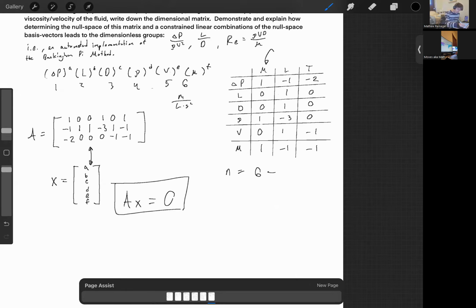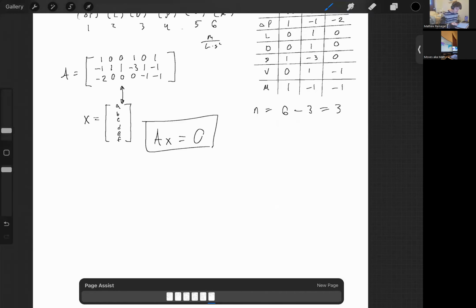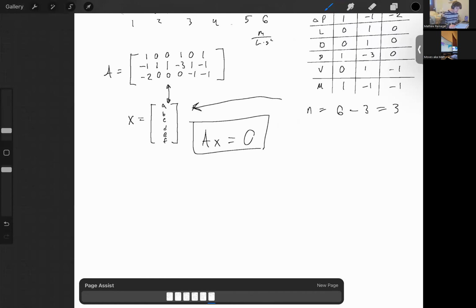So we have mass, length, and time. So this is 1, 2, and 3. So this is going to be -3. So we only need 3 known units in this case. So if we sub that idea back into here, we can actually make a pretty good matrix.